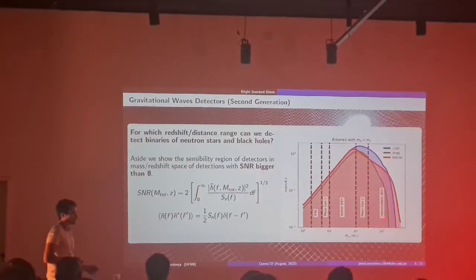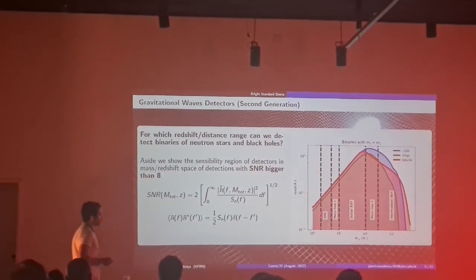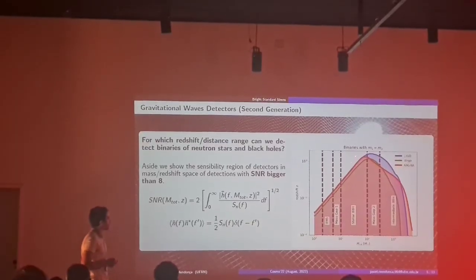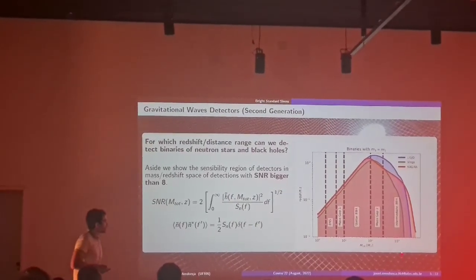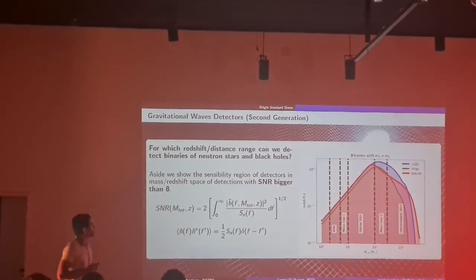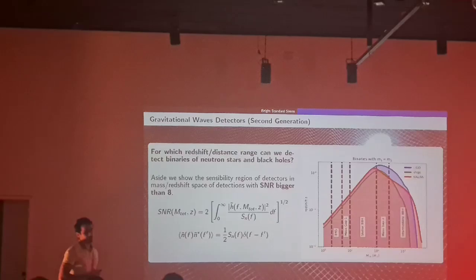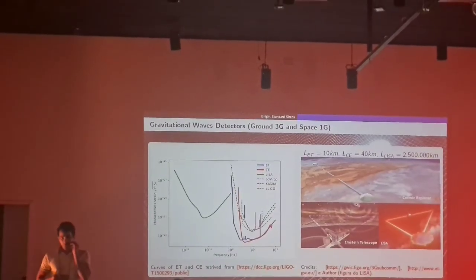We can achieve up to redshift 0.1. With stellar black holes, we can achieve a range of at maximum 1. And with intermediate-mass binary black holes, we can achieve a redshift around 0.8, for example.